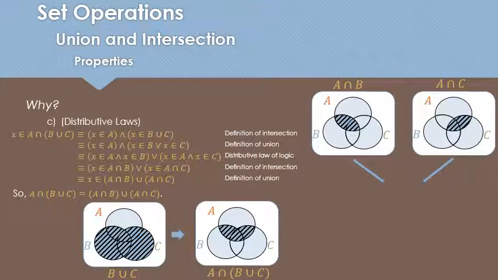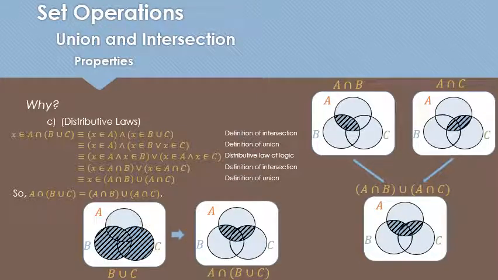So take the union of those two sets. The shaded region should have all the things that shaded in the first one and all the things that shaded in the second one. And so there's A intersect B union A intersect C. And we can see that the left-hand side and the right-hand side now are equal, that those two sets describe the exact same thing.